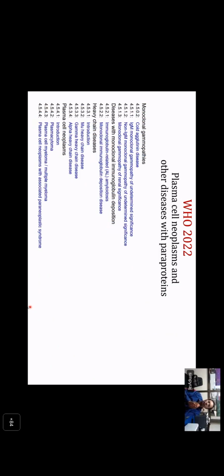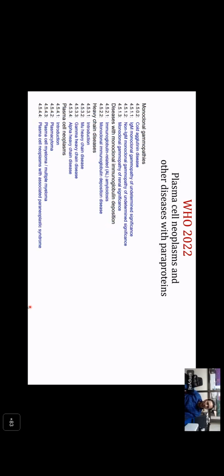The final WHO 2022 will come soon, in June, I'm hoping. This classification divides these diseases, plasma cell neoplasms as well as diseases with paraproteinemia, into 4 main classes: monoclonal gammopathy, diseases with monoclonal immunoglobulin deposition, heavy chain disease, and plasma cell neoplasm.